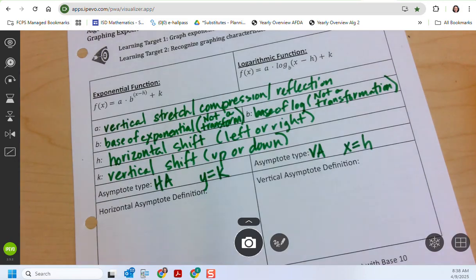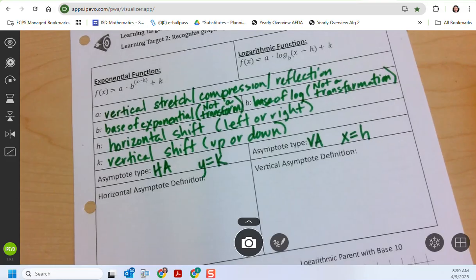A vertical asymptote is a value that's just not defined, and you'll never have a value on that. So not with exponentials, but with rational functions that we do later, you can actually cross a horizontal asymptote. A function could cross it, but you will never ever cross a vertical asymptote. Not once in your life.